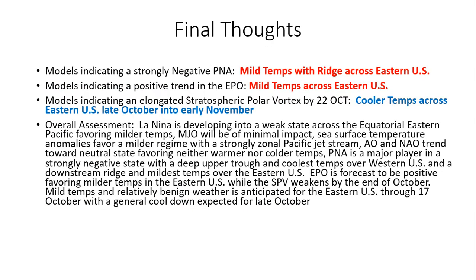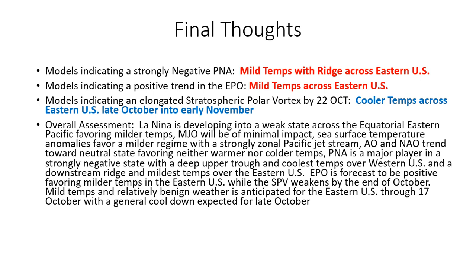So my overall assessment is that La Nina is definitely developing. It's developing into a weak state across the equatorial eastern Pacific. This favors milder temperatures overall across the U.S. The Madden-Julian Oscillation will have a minimal impact over the next 2 weeks. It's heading towards the null phase, so I'm really not expecting much of an impact from the MJO.